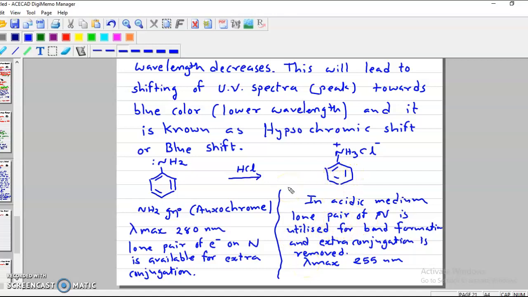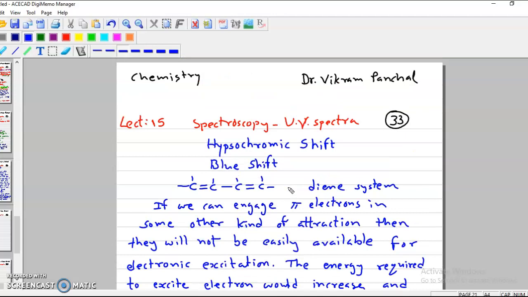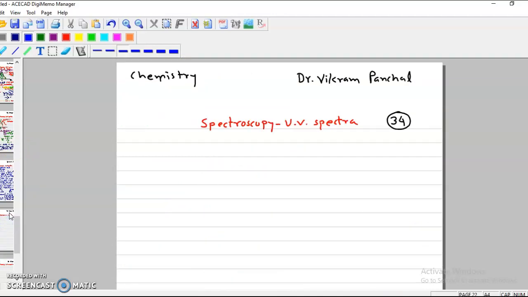So when we engage electrons in another kind of attraction, then there will be no extra conjugation, and that will lead to the lower wavelength. Another example is solvent.